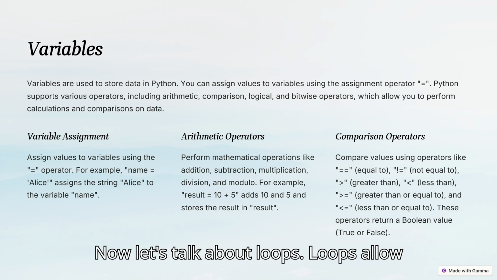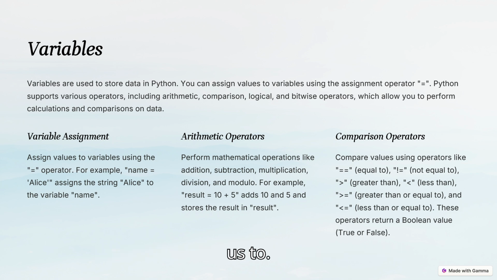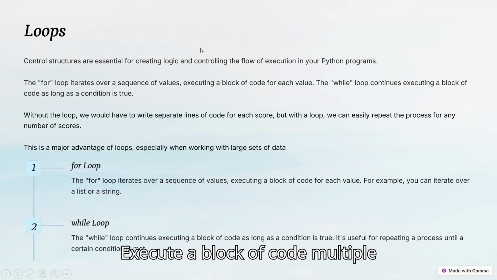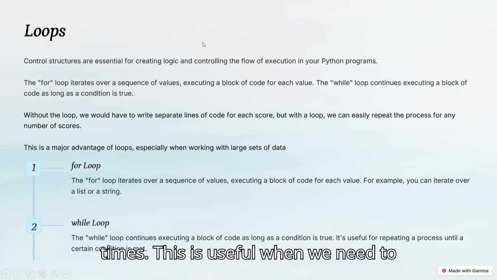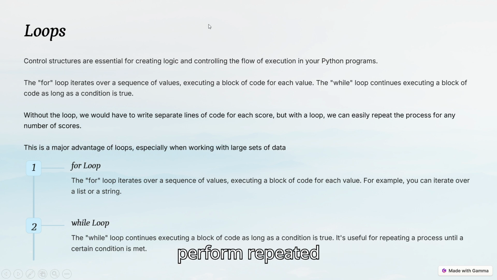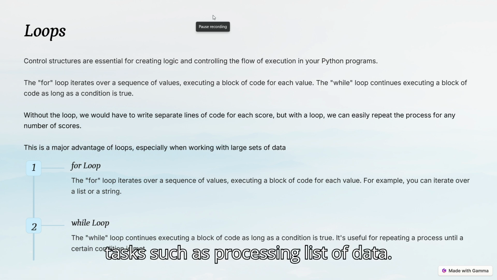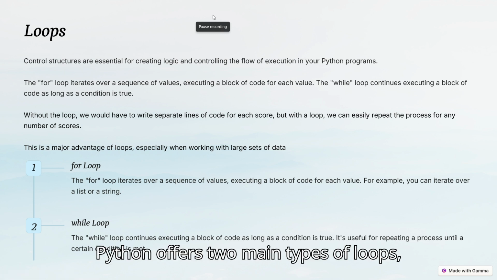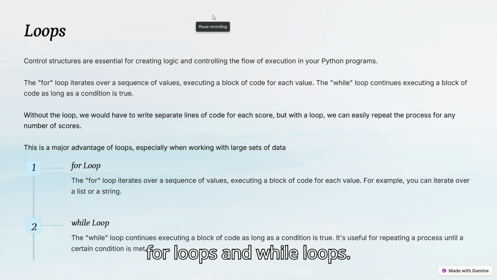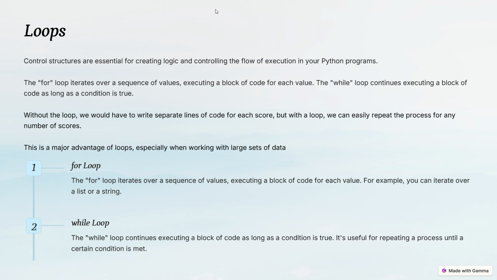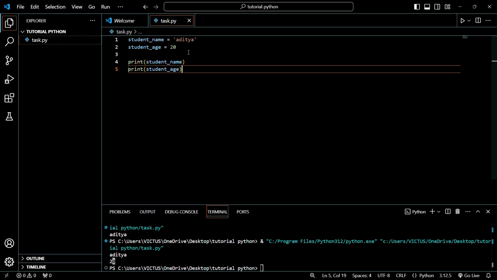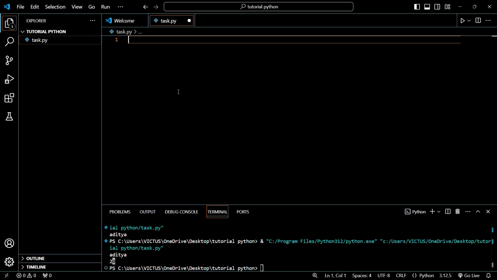Now let's talk about loops. Loops allow us to execute a block of code multiple times. This is useful when we need to perform repetitive tasks such as processing a list of data. Python offers two main types of loops: for loops and while loops. For example, we have a list of fruits.